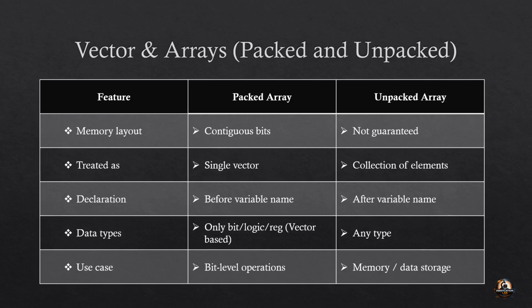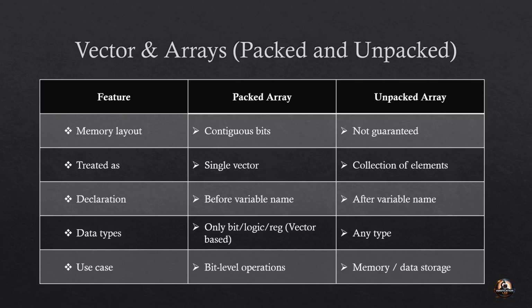Now let's move to understand the unpacked array. Imagine a list of values. Each element is separate and can store anything. This is an unpacked array. So we can say the memory layout is not guaranteed to be continuous, but in the case of packed, it is guaranteed to be continuous. It is treated as a collection of elements and declared after the variable name, and any type of data can be unpacked.